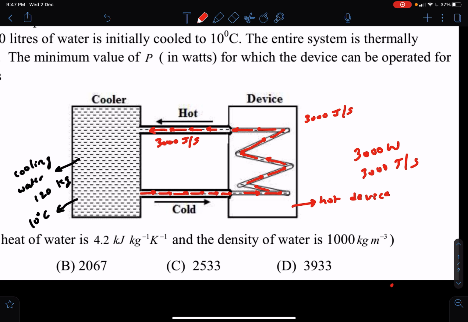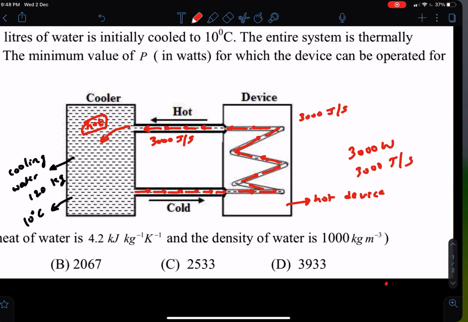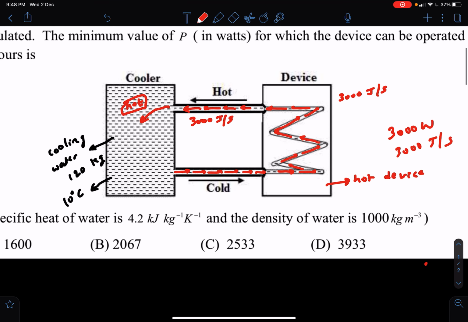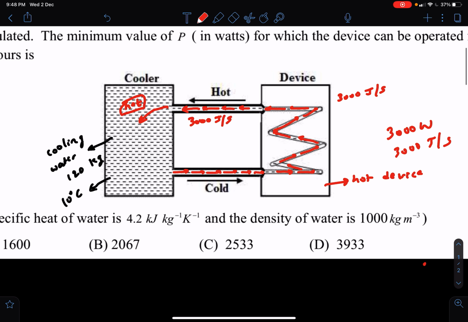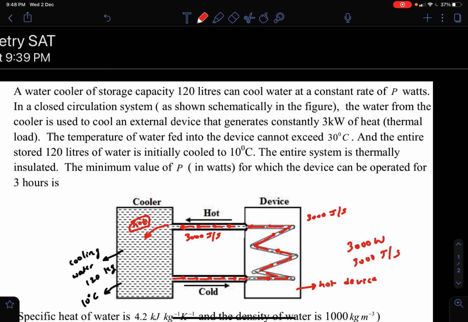By the time it comes back to the cooler, it has become hot. But there is a problem. If it becomes hot, then we can't send it back. So the returning water has become hot, so let us cool it. How? By using a water cooler.